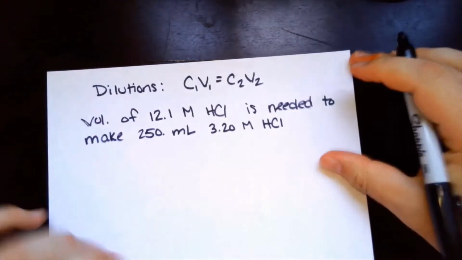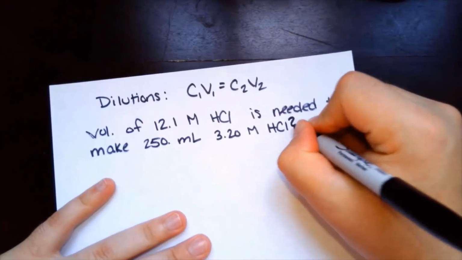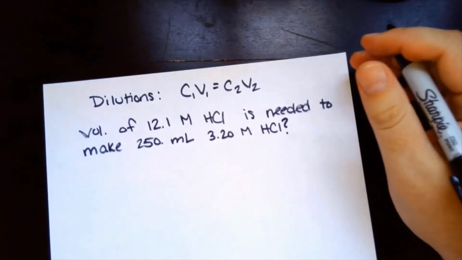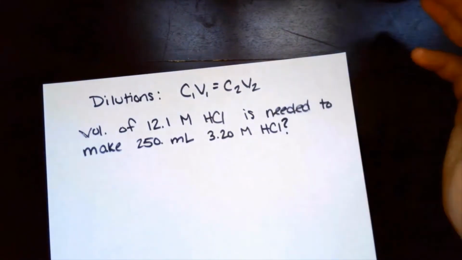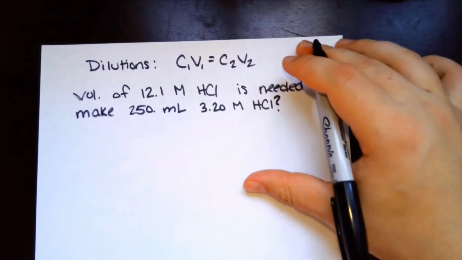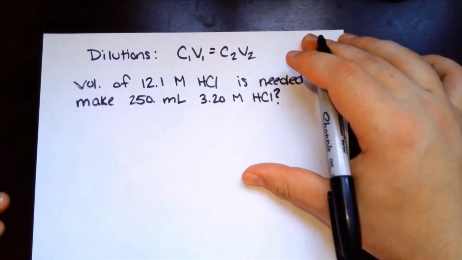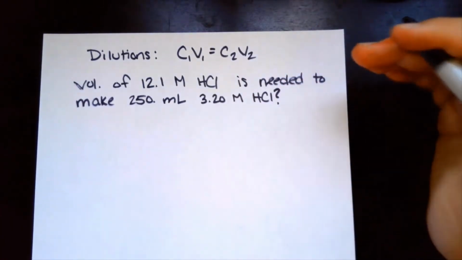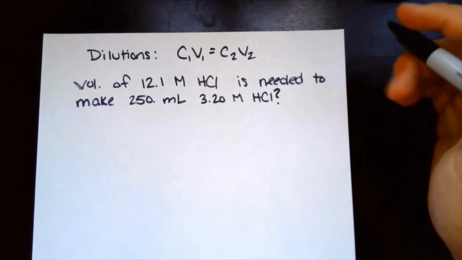So again, it's the same because we aren't adding anything new, I shouldn't say any new chemicals. We're not adding any more solute. All we're doing is adding solvent to make a solution of a different concentration, right?